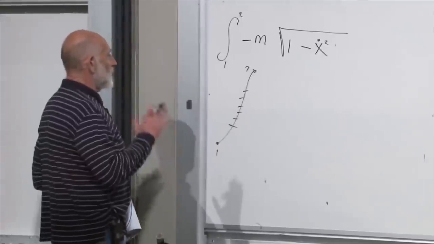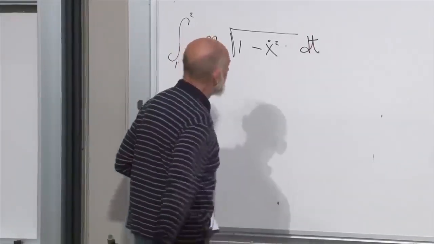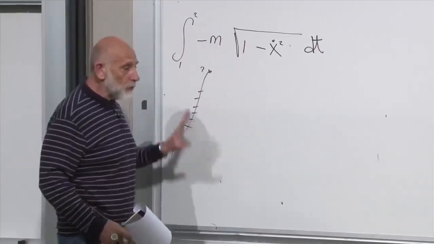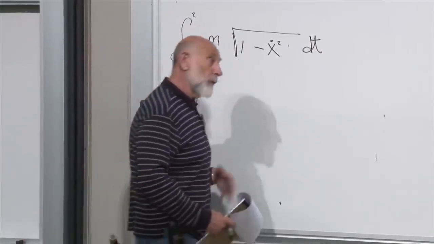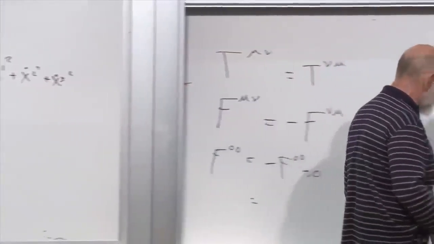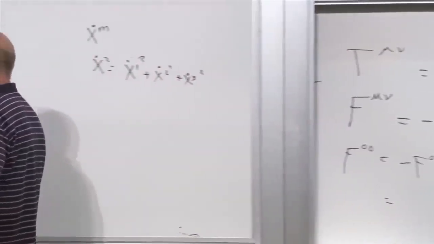So that was the action integral dt, and that identifies minus m times the square root as the Lagrangian of the particle. We worked out what the momenta were, what the energy was, and we'll just leave that.